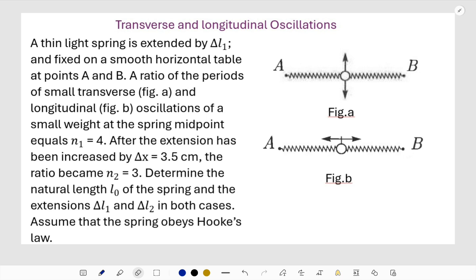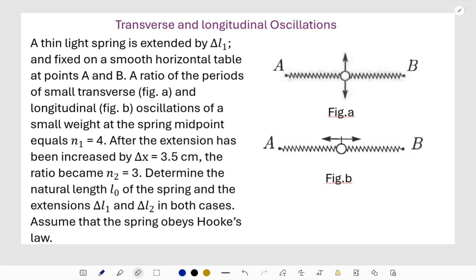So if previously its spring constant was K, these parts will have a spring constant equal to 2K, because they have been shortened, so they have become more stiff, and their length has been halved, so their spring constant will be doubled. So you can see here two springs, each of a spring constant 2K, and they are already in tension.